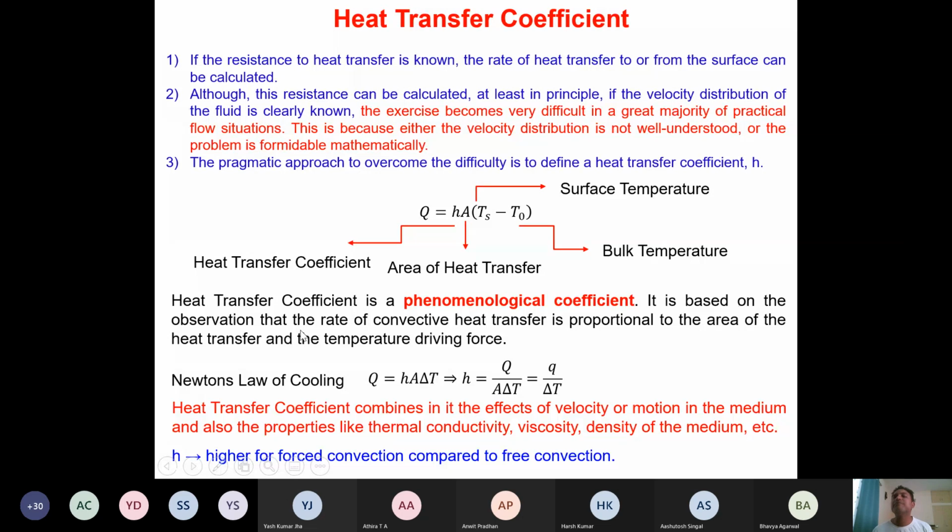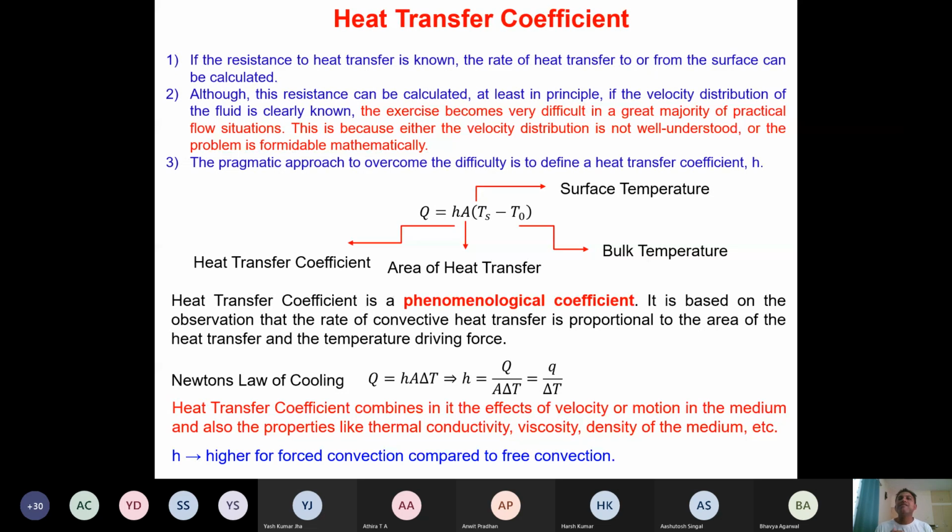But for the time being, what I wanted to say here is that by using the concept of heat transfer coefficient, we don't need to look at the momentum transfer problem, and we can just directly go ahead with the heat balance. The heat transfer coefficient we can find directly from correlations based on experimental results.